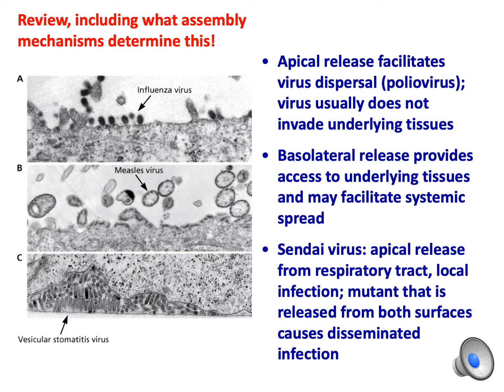And here's an example in panel C here of VSV, which is a rhabdovirus like rabies, disseminating basolaterally, being released basolaterally.